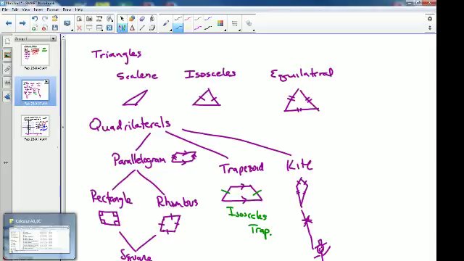For a rectangle, there are a lot of ways to tackle this one. You could show that it has one 90-degree angle and the opposite sides are parallel, then you have a rectangle.